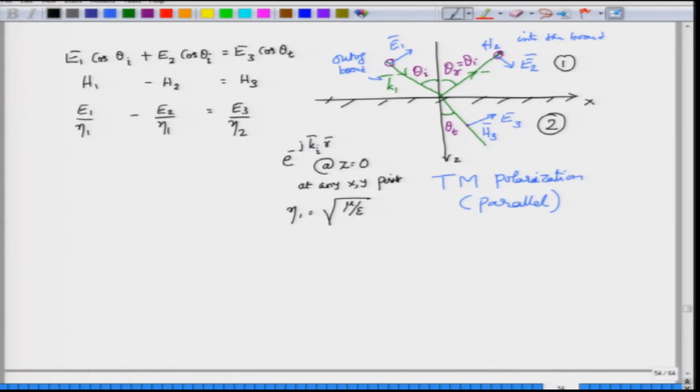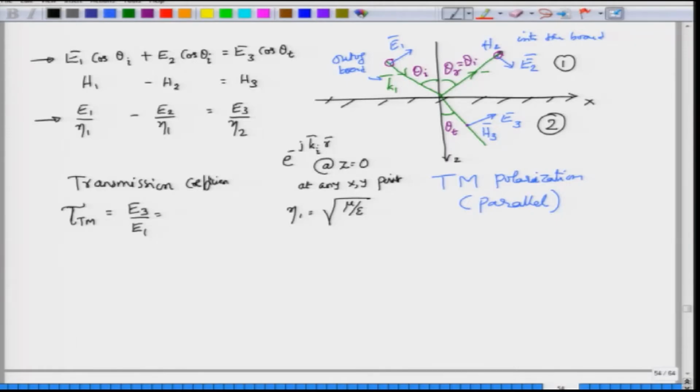Okay. Now that we have these equations with us, I will not simplify them further, but I hope that you are able to take this as a small exercise and show that the ratio, which we will call tau TM, the ratio of E3 to E1, which we call the transmission coefficient, is basically the amplitude ratio.